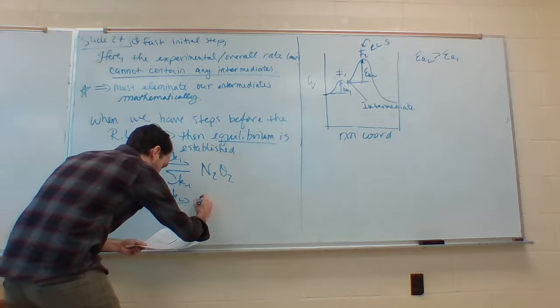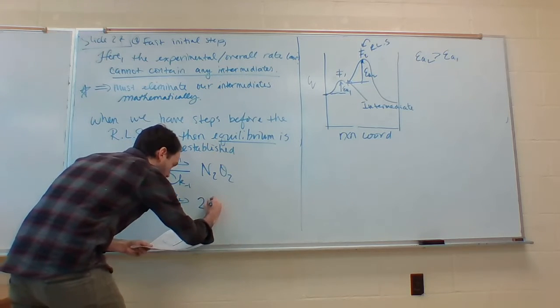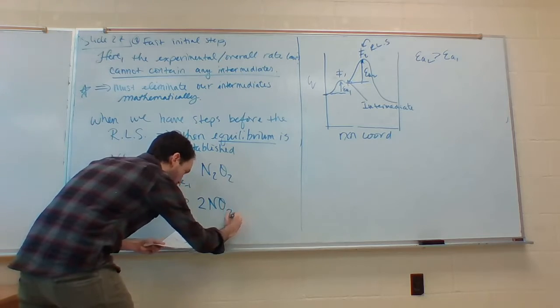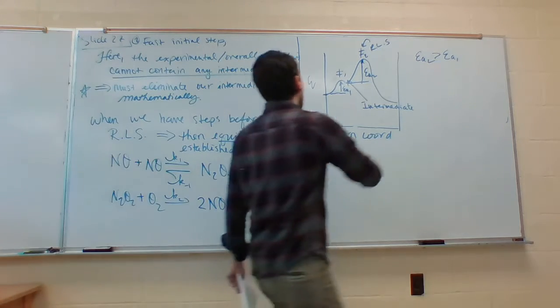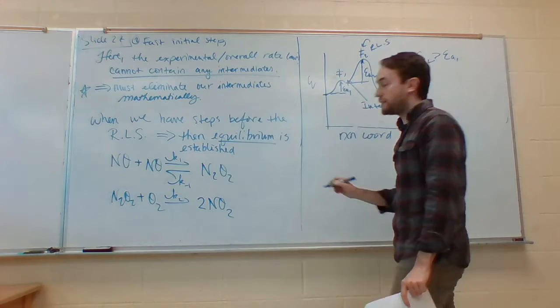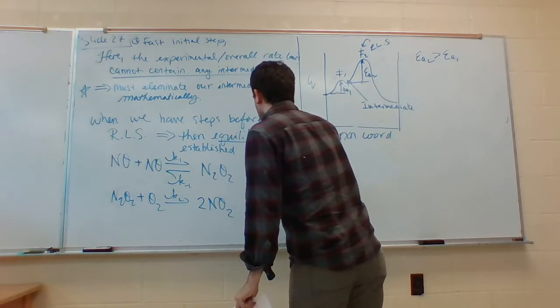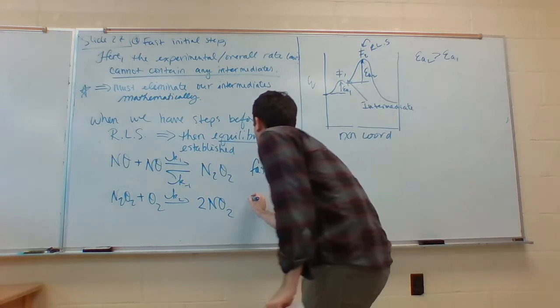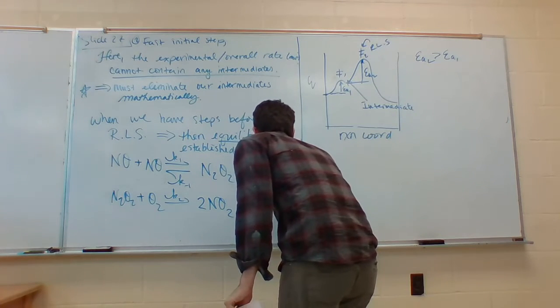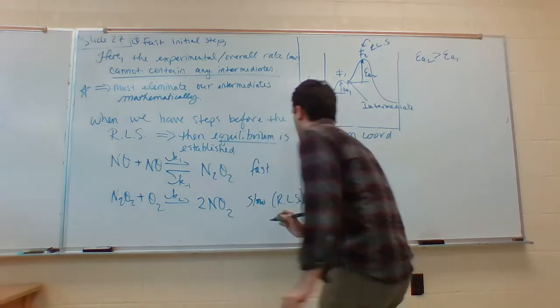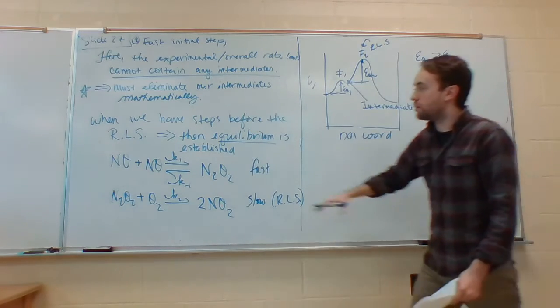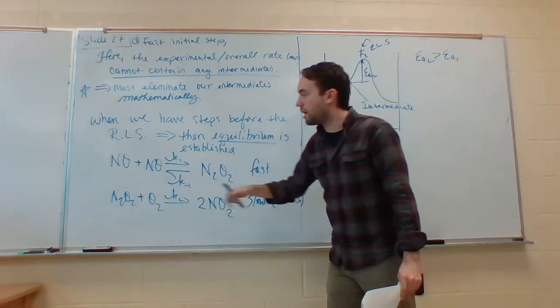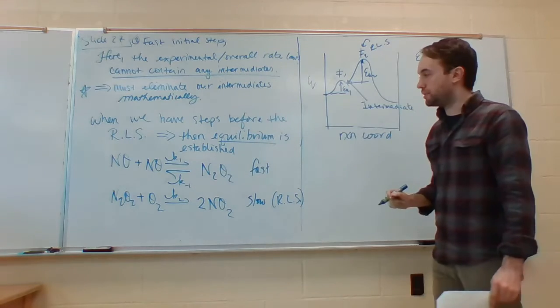That K2 goes to 2NO2. Now, as we said before, since this peak is small, it's going to be relatively fast. Okay? This second peak is our slow step and is our rate limiting step. Okay? So now we have 3 rate constants, 2 reactions.